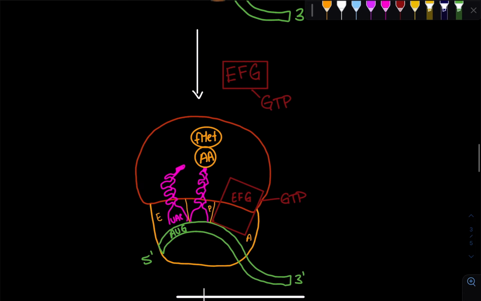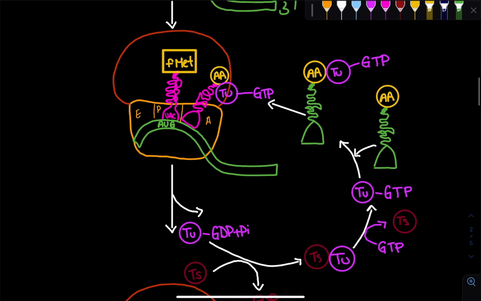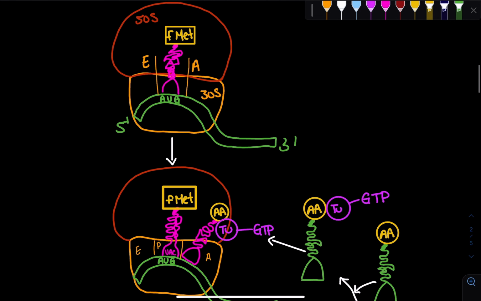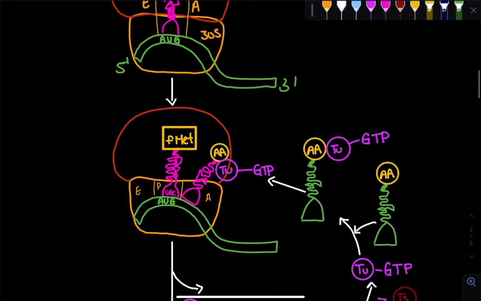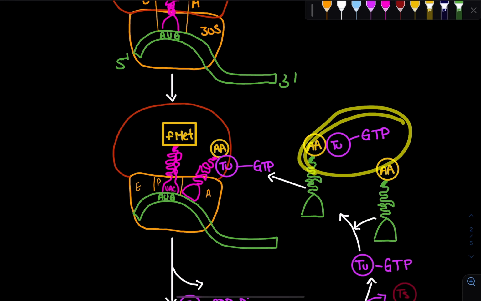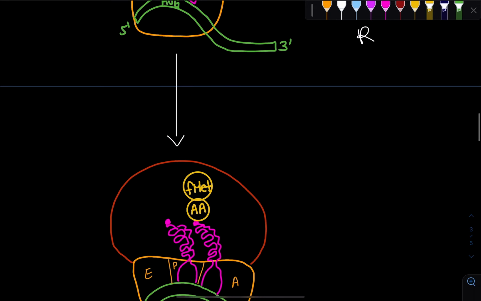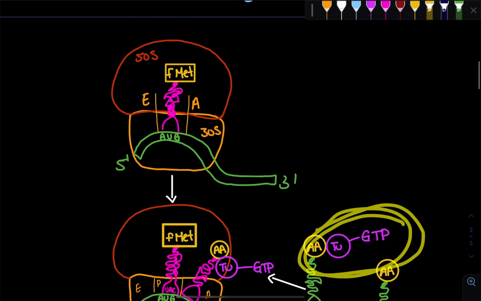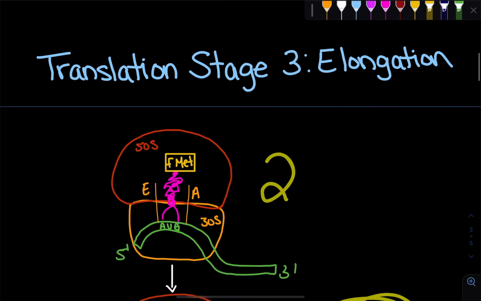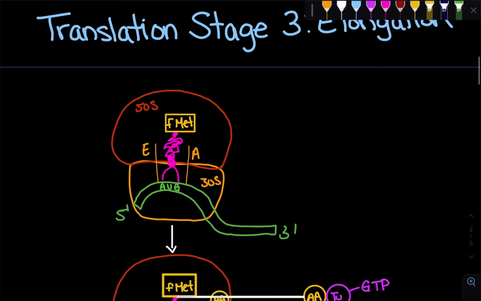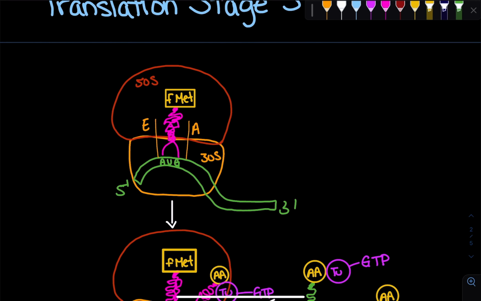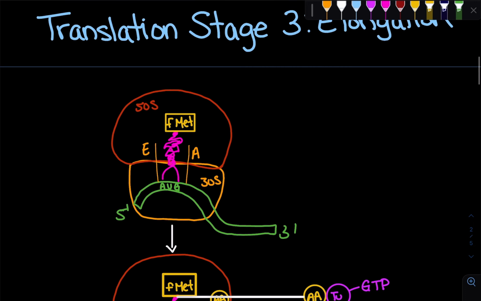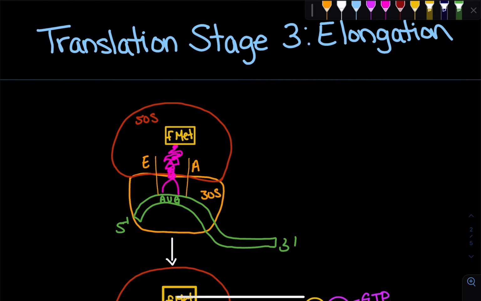But for now, all we need to understand for elongation is that for every amino acid that we bring in, we're going to require a GTP right over here, and we're going to require a GTP right over here. So elongation requires 2 ATP equivalents. And that's elongation. It's going to keep on happening until we get that peptide and we reach a stop codon.